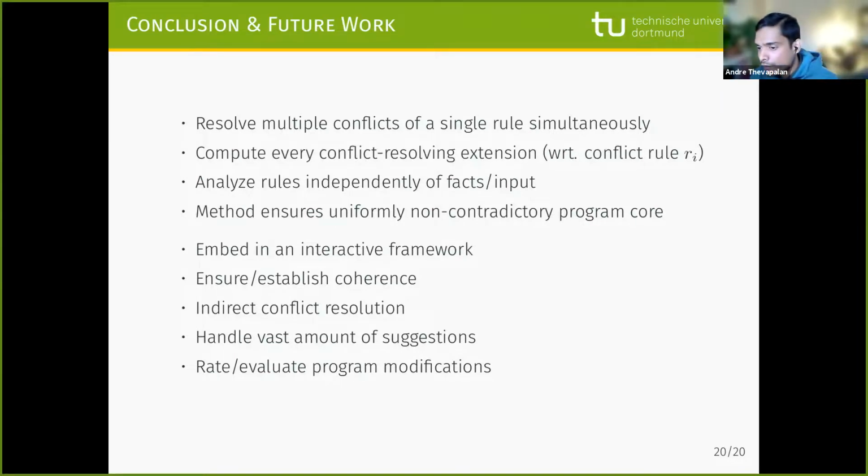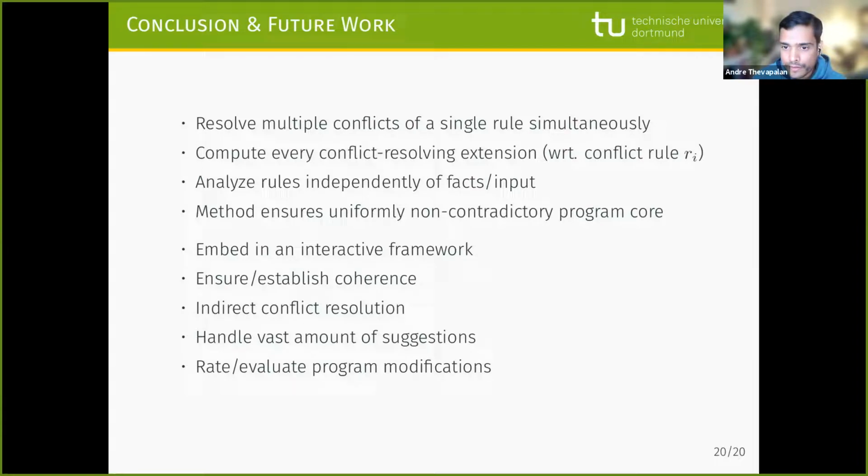We want to explain to the user why this is a conflict, and we want to suggest or generate all the possible solution options, and we want to explain to the user why a specific suggestion is a valid solution, so that the knowledge expert can make an informed decision how to modify some rules of the program and still end up with a professionally adequate knowledge base at the end. And what we already did is we also looked at incoherence or coherence.